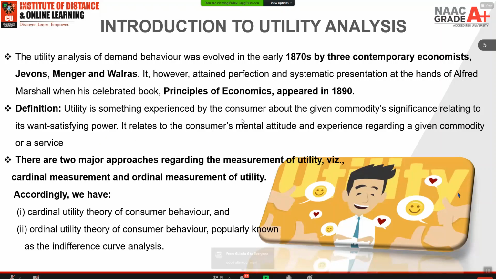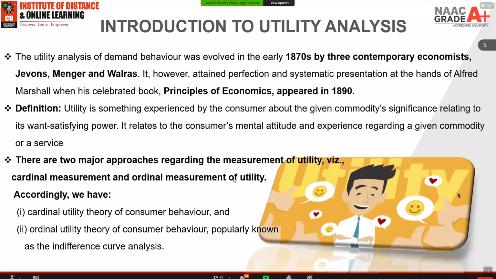It is related to the consumer's mental attitude and experience with a particular commodity when he consumes that commodity. So you can say that utility is defined as satisfaction derived from the consumption of a commodity. It may be defined as the want-satisfying power of the commodity. So utility is the direct satisfaction that the consumer gets.